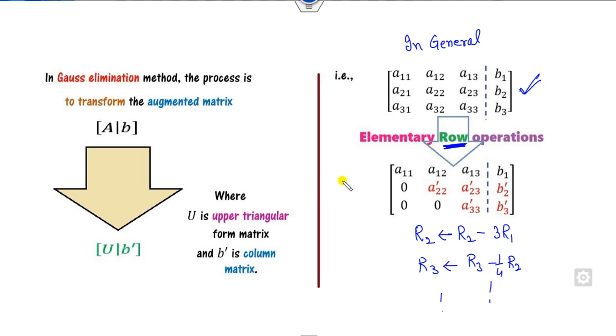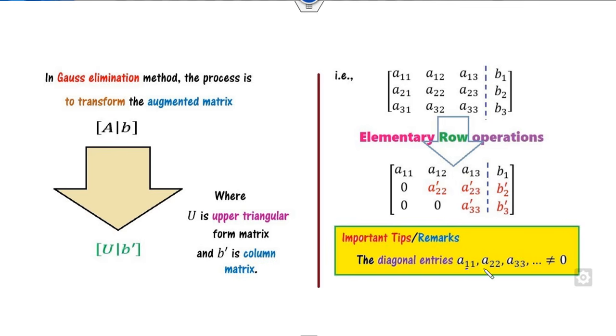Remember, always use only row operations, not column operations. While using row operations, make sure none of the diagonal entries is 0. If a diagonal entry is 0, then the Gauss elimination method will fail. How we can handle that failure will also be covered in this lecture.